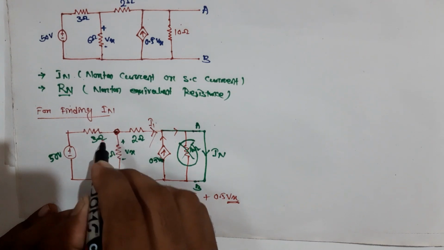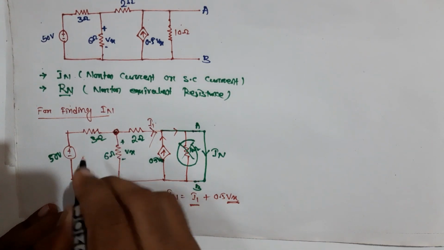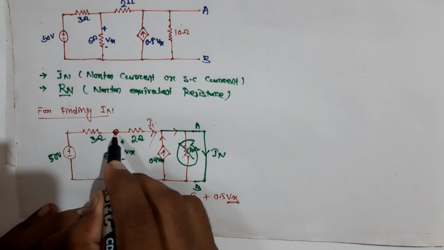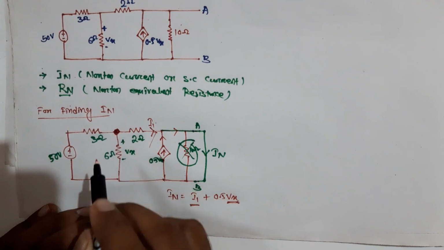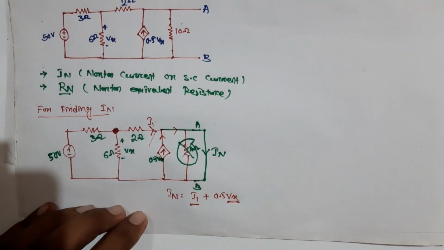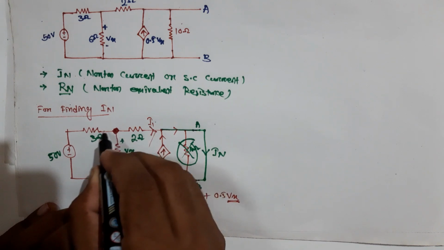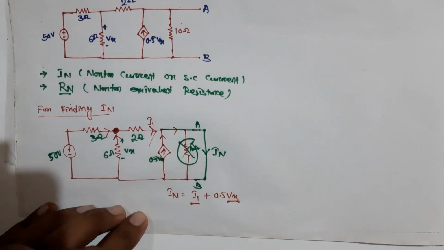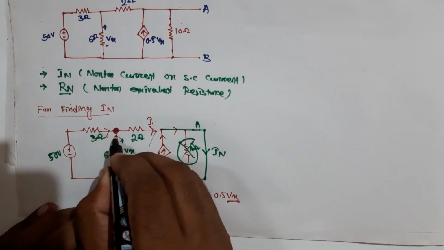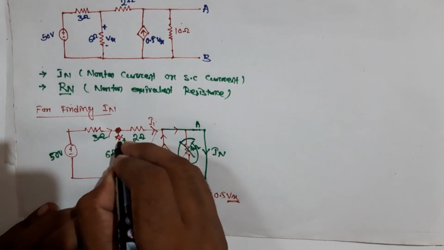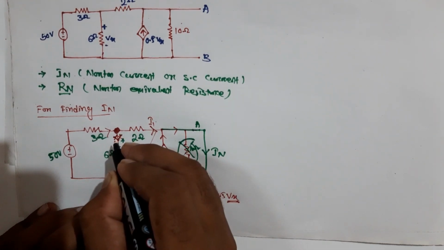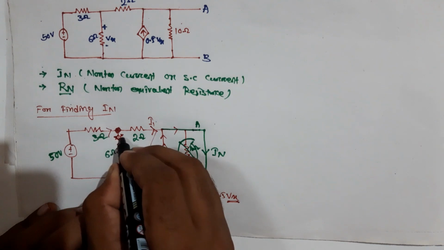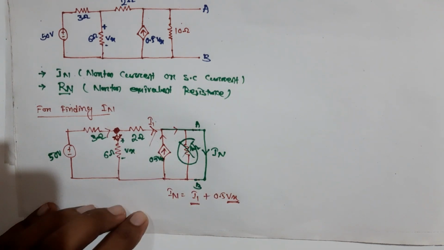This I1 is equal to the current through this branch, eliminating the other branch. This is the scenario.